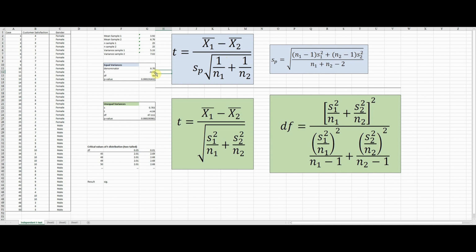As you can see here, this is minus 4, and then you only need the degrees of freedom. Degrees of freedom are just that you add up the sample sizes of both groups minus 2, because you estimated two means. You could now look up the critical t-value in a t-distribution table.